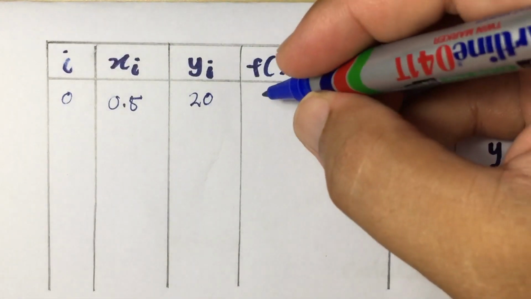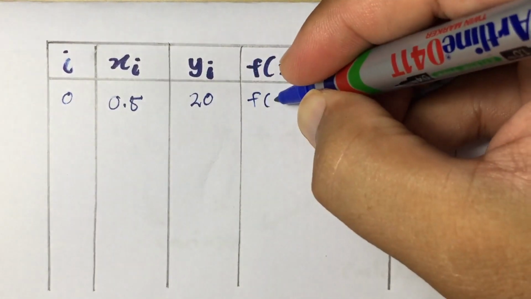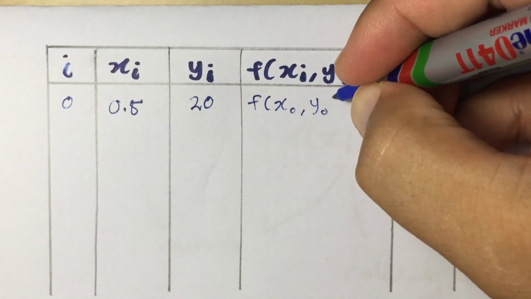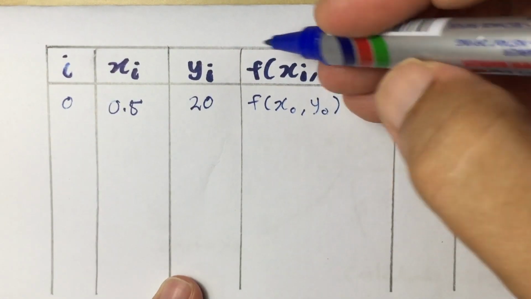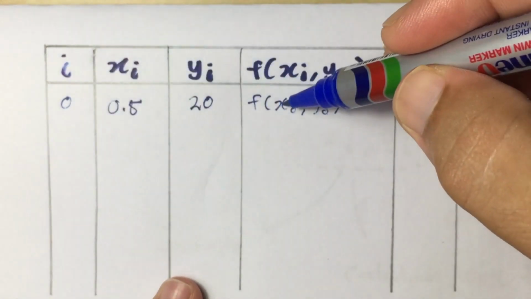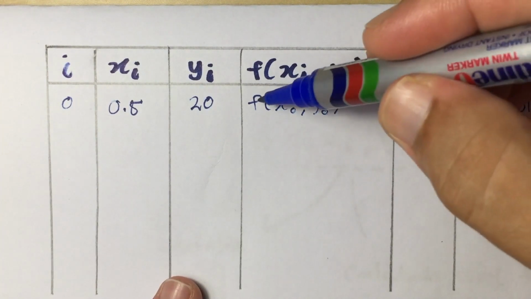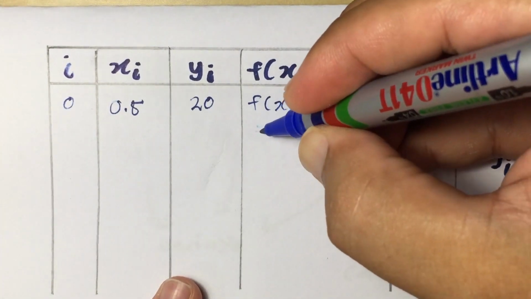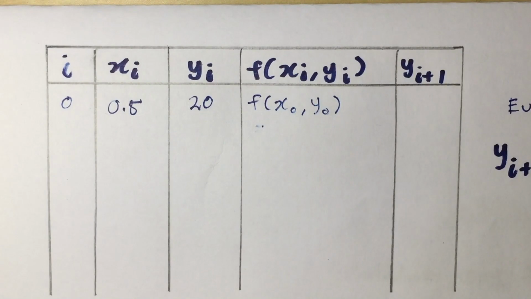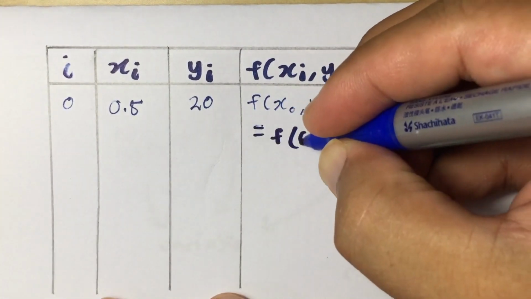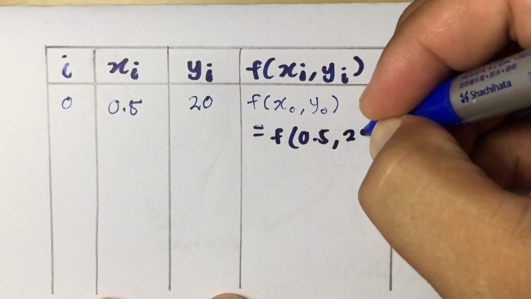It means that we are going to calculate f(x_0, y_0) at 0.5 and 20.